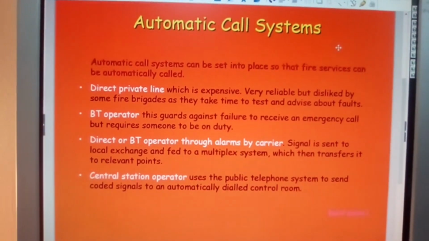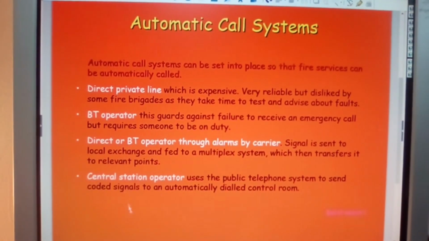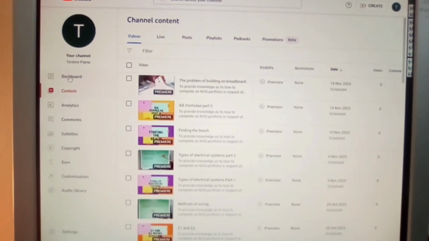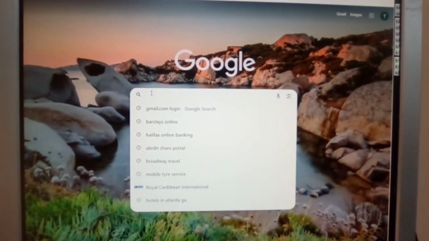Let me just try something here, one second. Let me see if I can get into Google for you for a moment and look at heat detectors. Just for a moment, let me see if I could find anything on here.